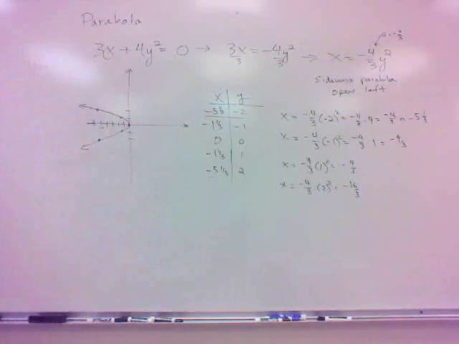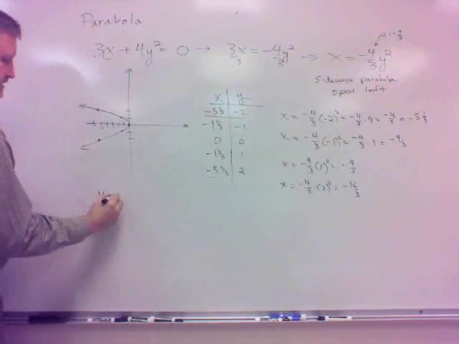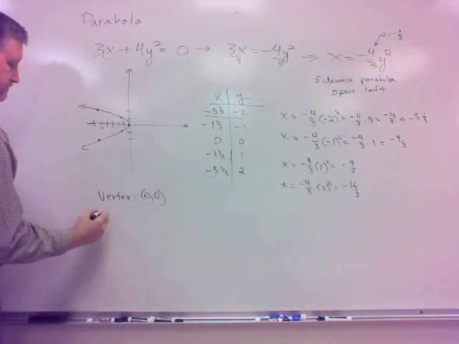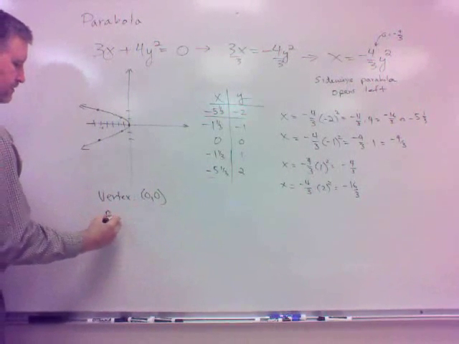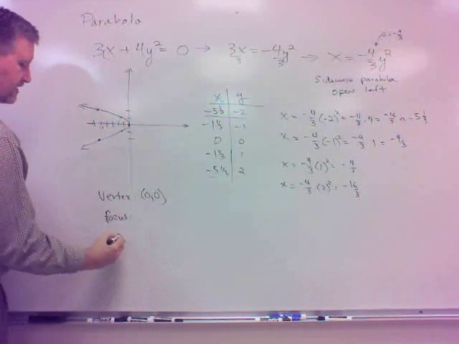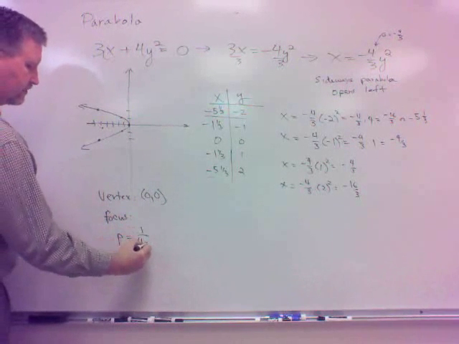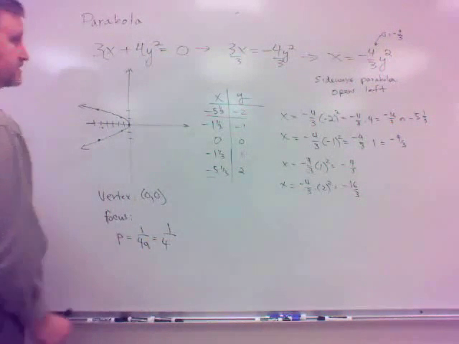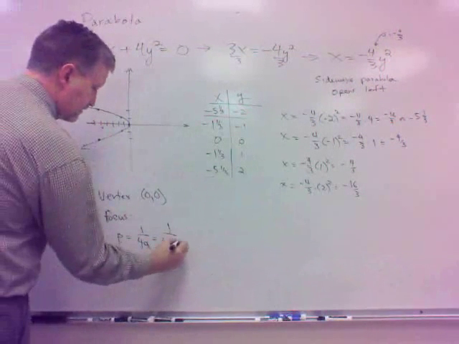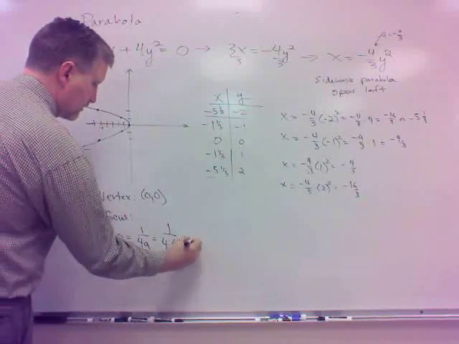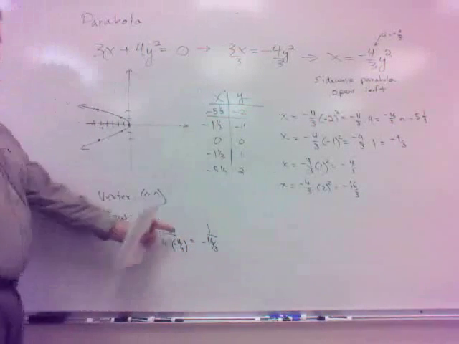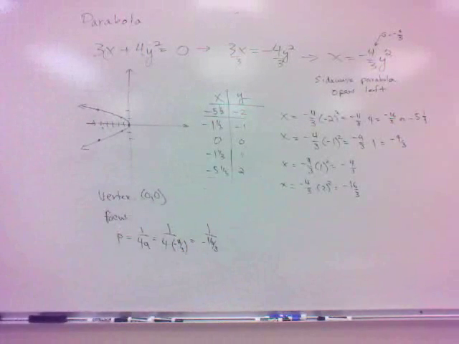Opening to the left. What about our vertex? Still 0, 0. We haven't shifted it. The focus, well, P distance would be 1 over 4A. That would be 1 over 4 times A, where A is negative 4/3. So that's 1 over negative 16/3, which you can plug in your calculator if you like.